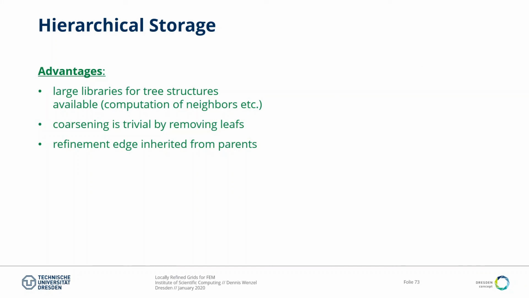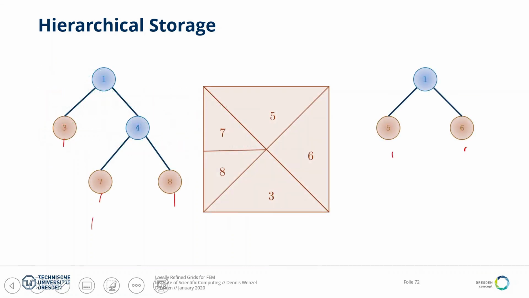So firstly, in terms of advantages, for tree structures there are huge libraries available because it's a very common concept in computations. So you don't have to implement everything from scratch. Most of it is already available. And then if you look at this here, again, coarsening is absolutely trivial.